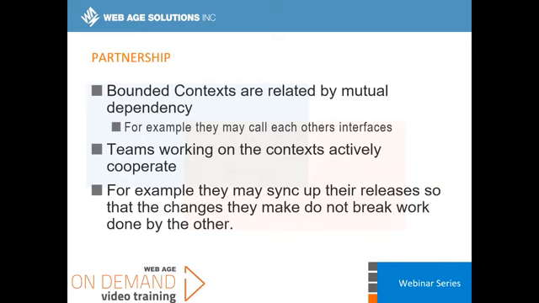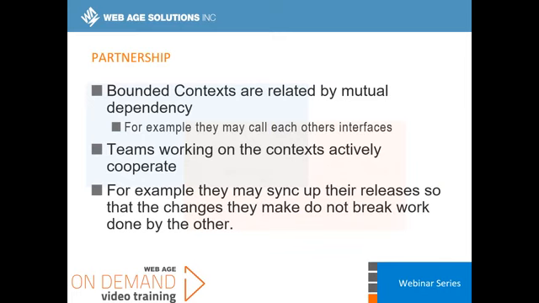Active cooperation may involve things like having a mutual or single release date for each of the bounded contexts as they're updated. So this is one of those situations where we're not following the example of, hey, I want to be able to deploy this independently of others.